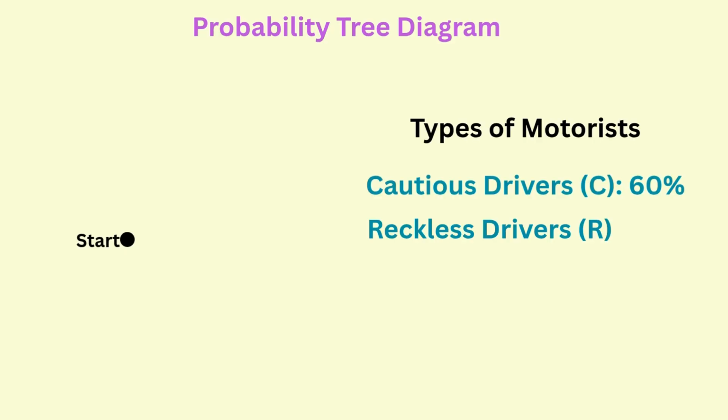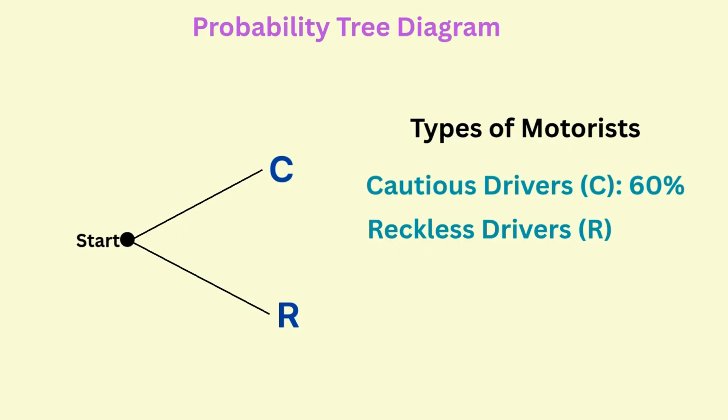Let's build our tree diagram. First, we show the types of motorists. There are two types: cautious drivers, represented by C, and reckless drivers, represented by R. Based on the data, 60% of motorists fall into the cautious category.